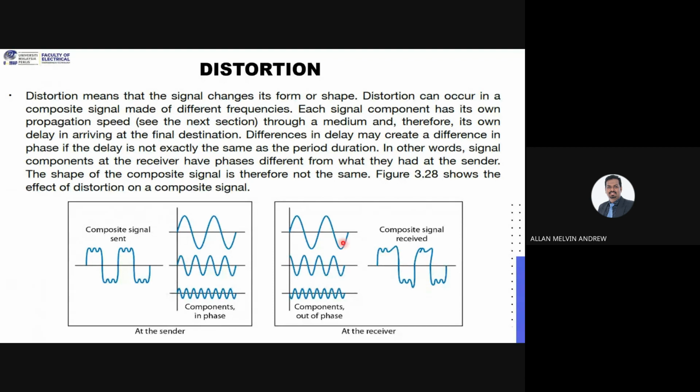Because of that, it can create a difference in phase, because it's not exactly the same period of duration. In other words, signal components at the receiver have phases different from what they had at the sender. The shape of the composite signal is therefore not the same. So if this happens, it means that there is distortion.